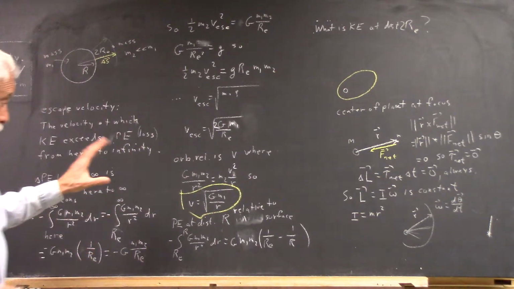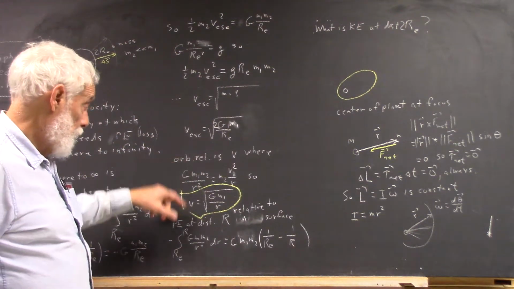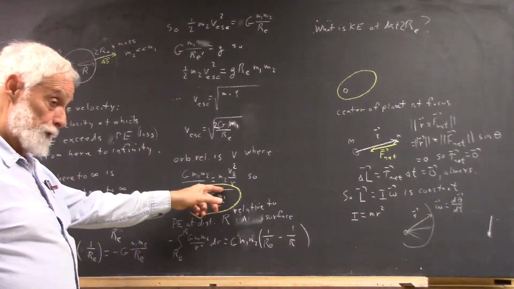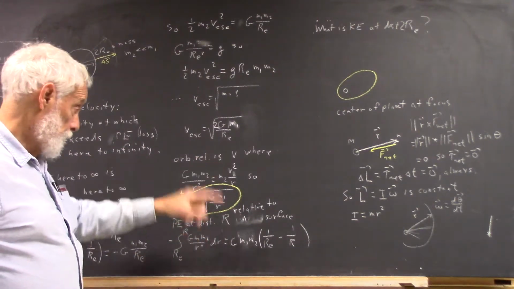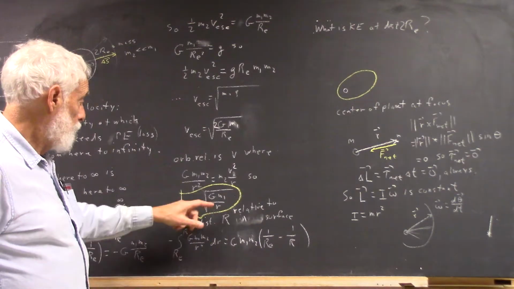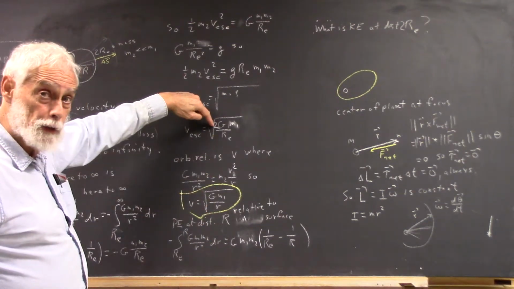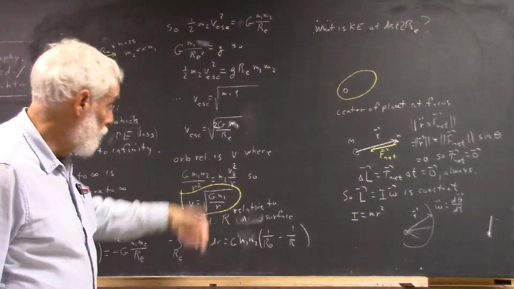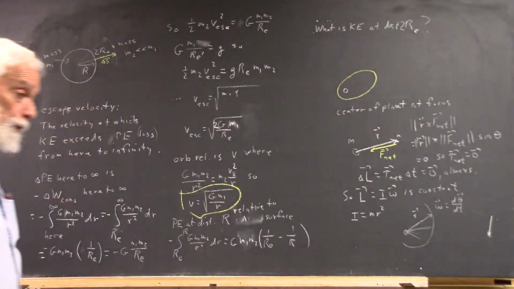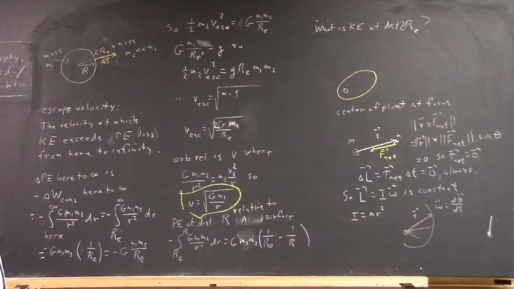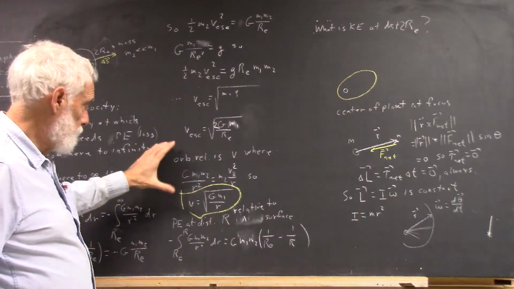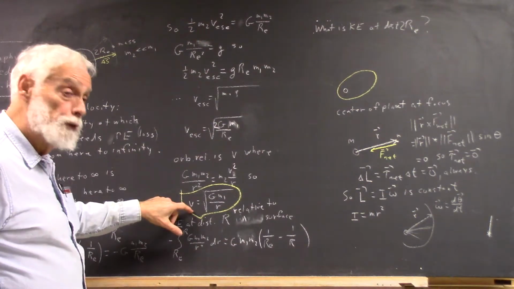You can check out that result, but it's very straightforward. We set gravitational force equal to centripetal force and solve for V. We get this. Well, this is just like this except for the 2 we have here. And this means that your escape velocity is the square root of 2 times your orbital velocity if you're doing a circular orbit. And I didn't specify on the board here, but let's be sure we specify this is for a circular orbit.